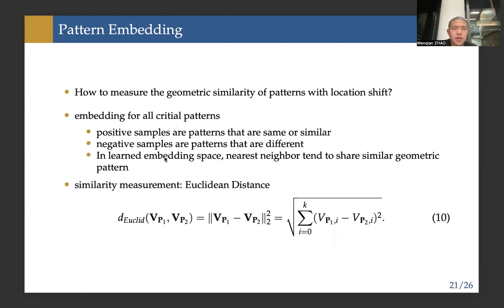Another thing is how to measure the geometric similarity of patterns with different local shifts. That depends on the embedding space for the vectors. What we want is for positive samples, the same patterns, to be similar, and for negative samples, which means the shapes from different patterns, to be different.